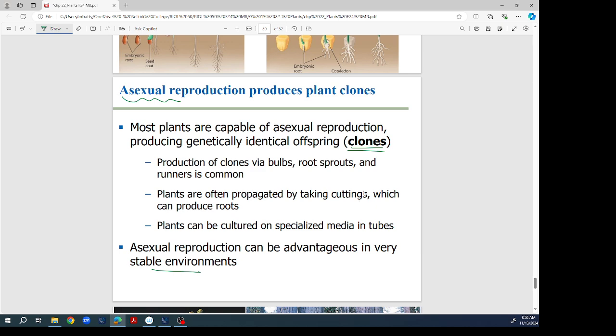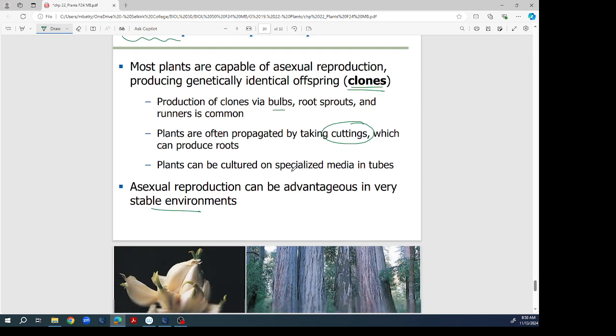Also, you can often take cuttings. I know in class somebody was saying that they get all their cuttings for free, even suggested going to the Home Depot and taking little pothos cuttings. Spider plants are a classic that are easy to root, and those would be propagations. And then bulbs and root sprouts, runners, all of those things.